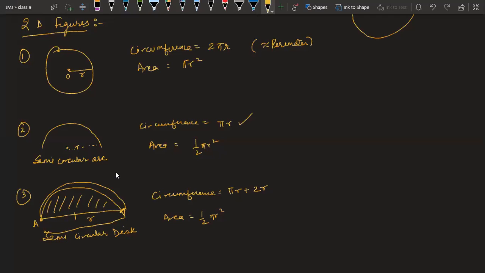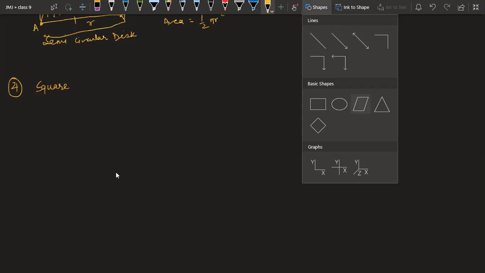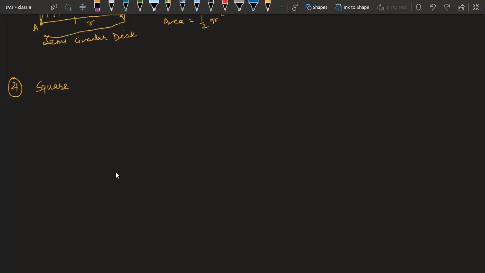The next one that we have learned is the square. Fourth one is the square. Suppose we have a square ABCD of side A units.